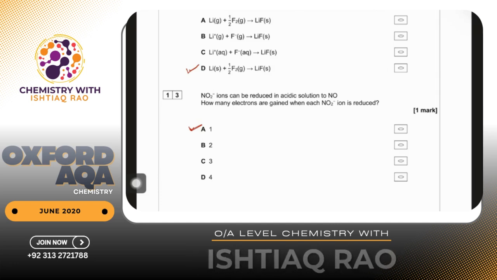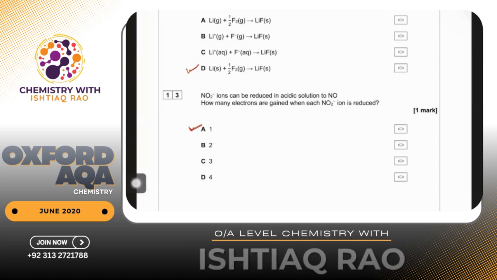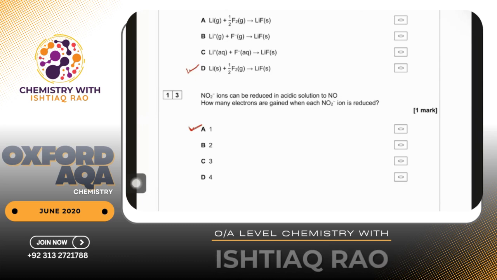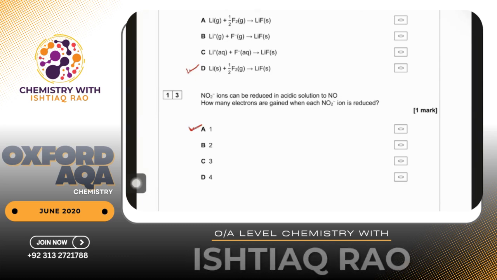Is it like they're cancelling out? Yeah, exactly. They are talking about the charge, so we have to see the charge only. No, because the charge of nitrogen is 3 minus, right?